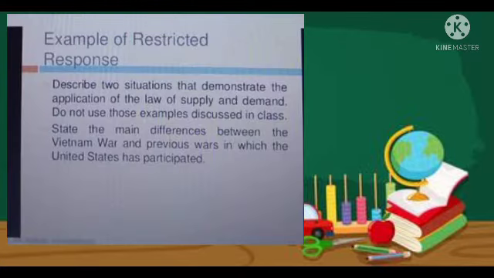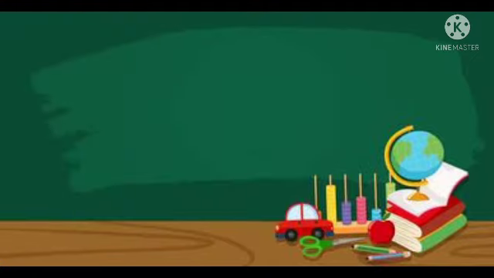Here are examples of restricted response. Describe two situations that demonstrate the application of the law of supply and demand. Do not use those examples discussed in class. Another one is: state the main differences between the Vietnam War and previous wars in which the United States has participated.